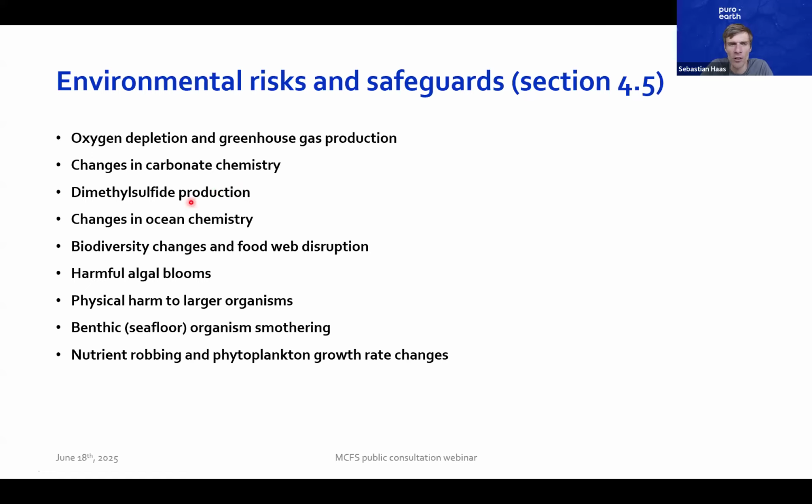Dimethyl sulfide is a chemical produced by phytoplankton, by microalgae, that can favor cloud formation in the atmosphere, which would be climate positive, i.e. good against climate change.